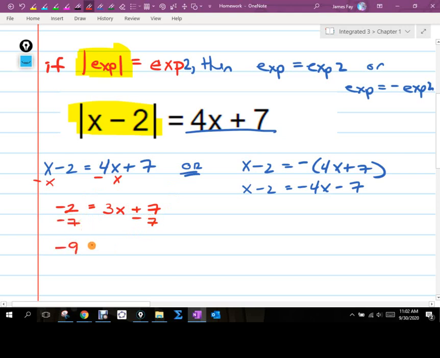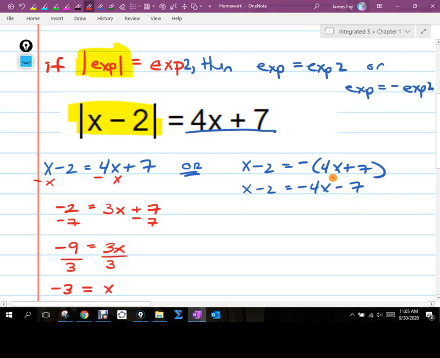Gives me negative 9 is equal to 3x. Divide by 3. I get negative 3 is equal to my x. Negative 3 is equal to x. So that's one solution, right?